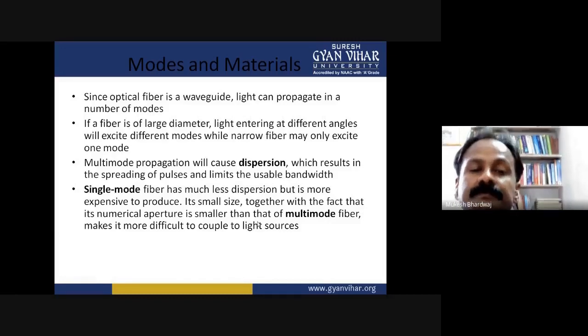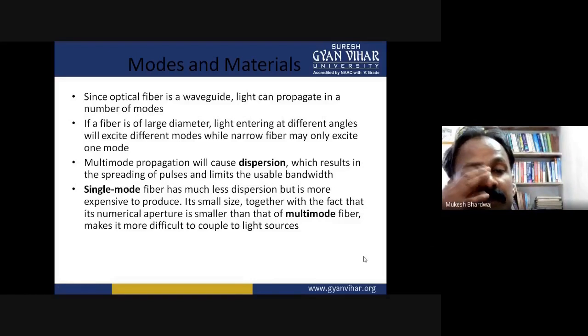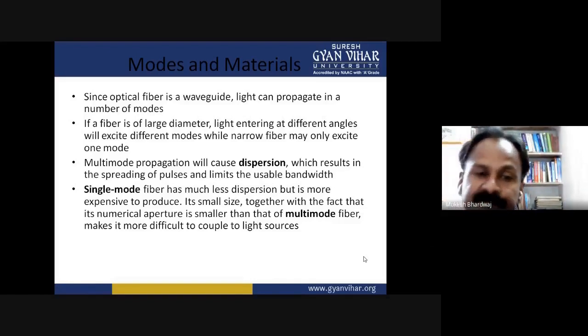Single mode fiber has much less dispersion but is more expensive to produce. Its small size, together with the fact that the numerical aperture is smaller than that of multimode fiber, makes it more difficult to couple to the light sources.